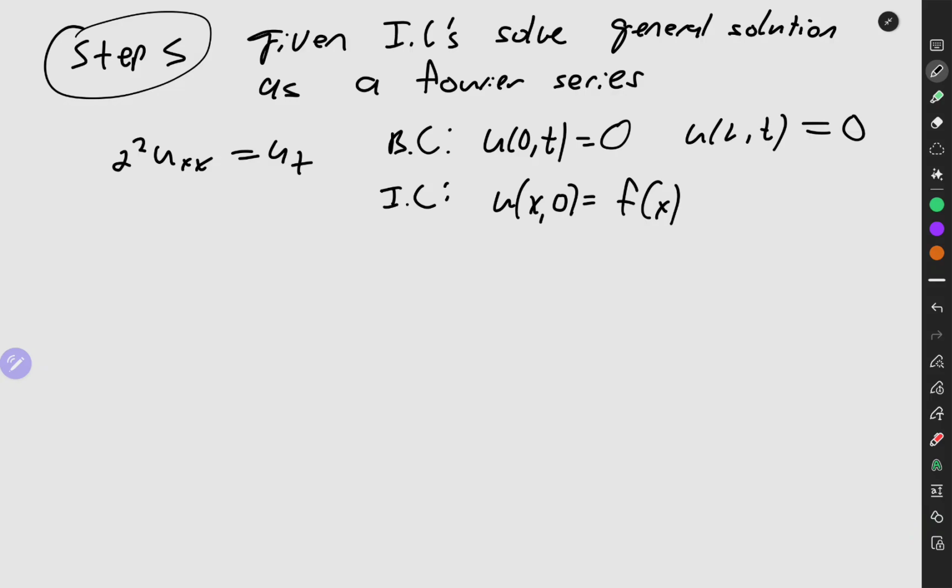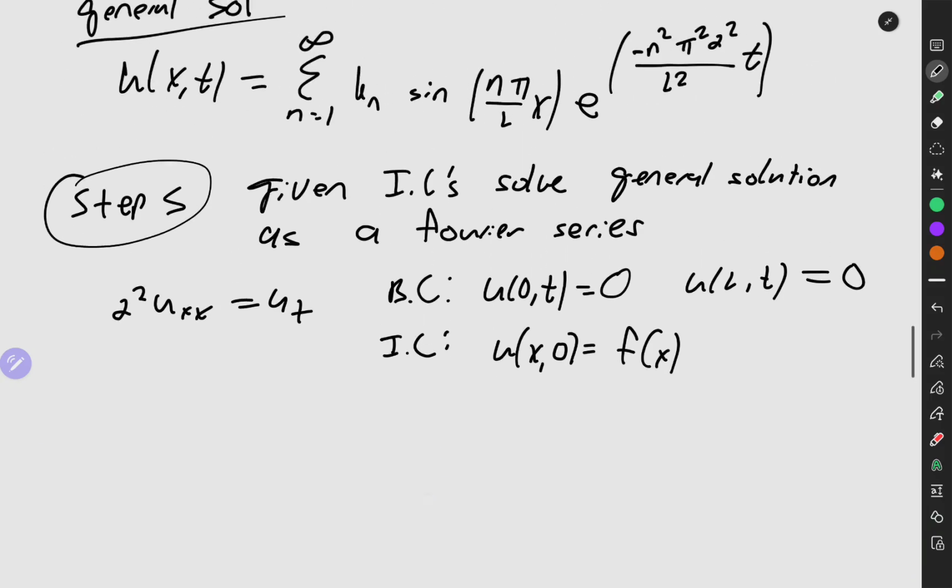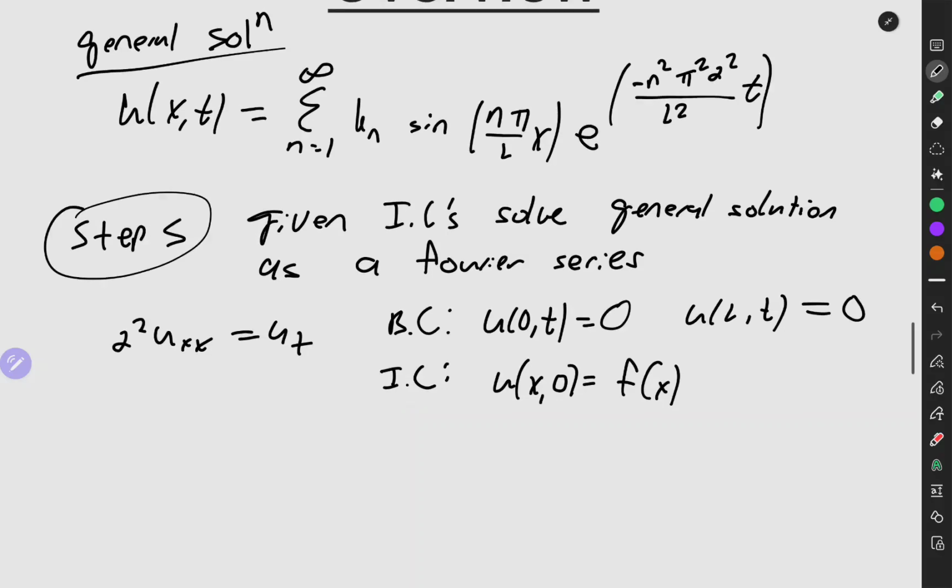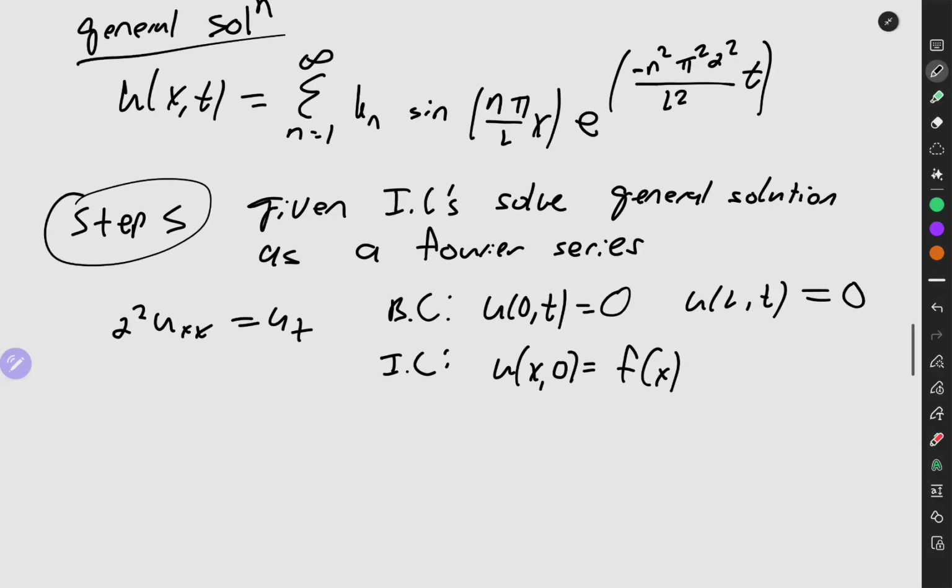Okay, so from the last problem, we have our general solution up here. I've written it up here. What we're going to do is we have u of x and t. Now we want to find u of x at 0. We're going to rewrite this. So all we're doing is plugging in 0 for t. This all stays the same.